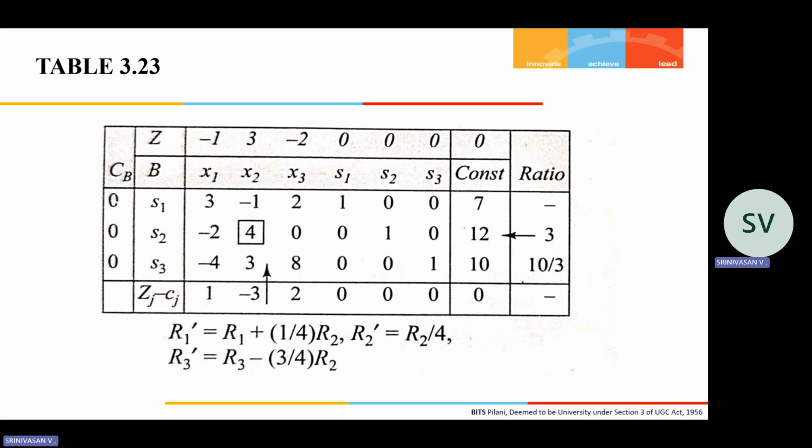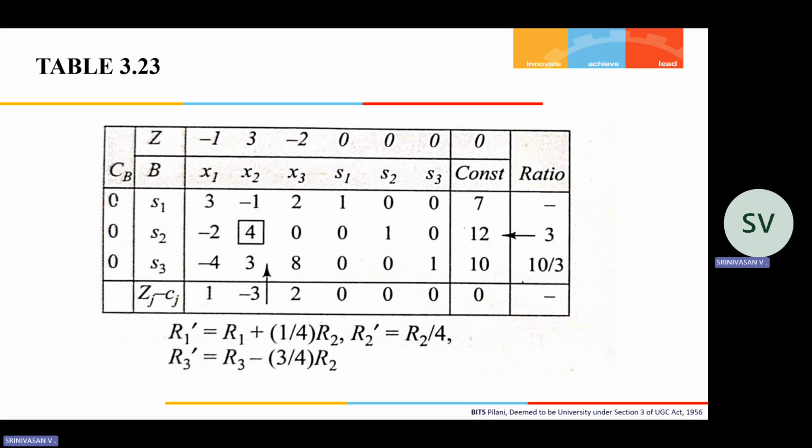So that's why we put an arrow mark to indicate clearly which row is your pivot row. So at the intersection of the pivot row, second row, and the pivot column, second column in this problem, you have an element that is your pivot element. Okay, fine. And the pivot element identification itself shows you that the non-basic variable that enters as a basic variable is x2 with its corresponding coefficient 4.